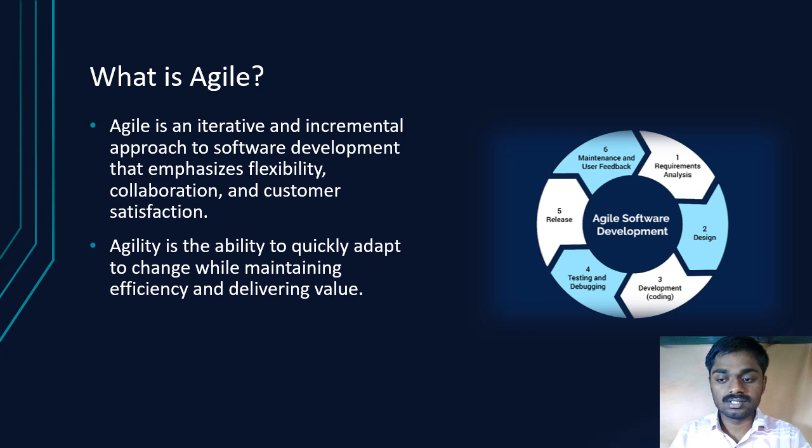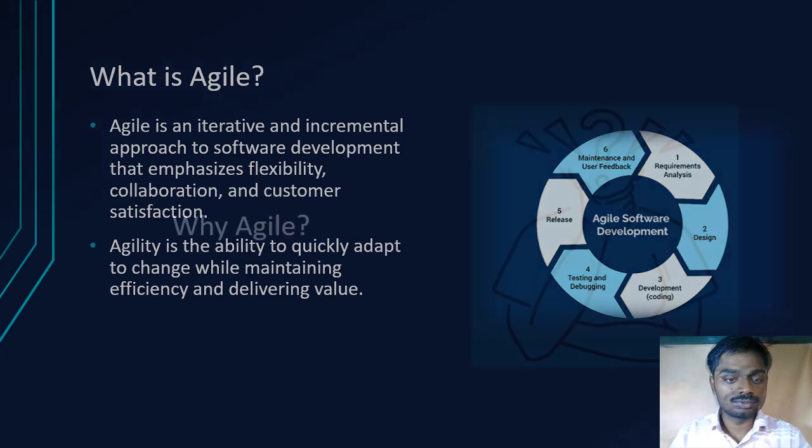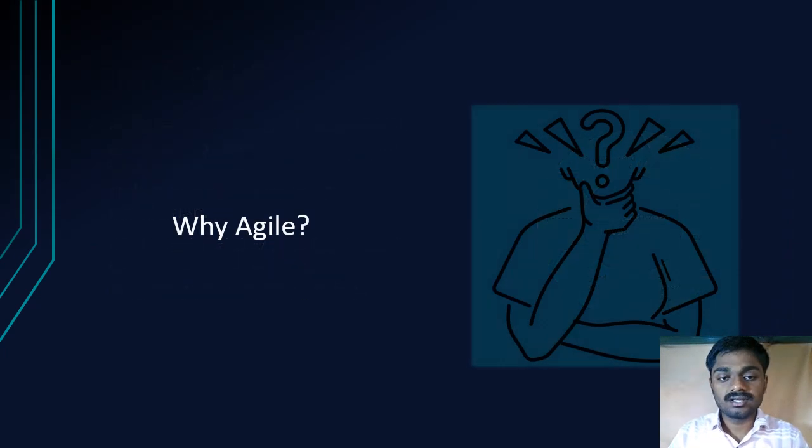And next we will see why the software development team should use this Agile process. The Agile development process should be used because it enhances flexibility, speed, and quality in software development by breaking down projects into iterative cycles.